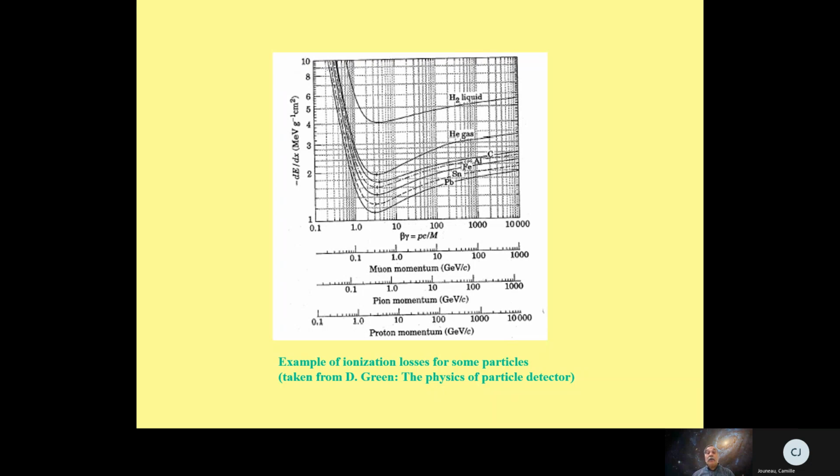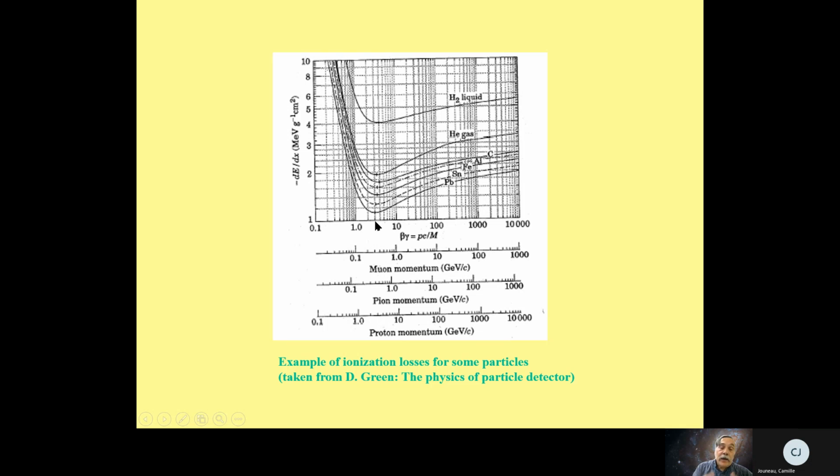For example, particles produced in the atmosphere by cosmic rays give a shower of minimum ionizing particles, mostly muons. These particles can be used for calibration of detectors, because they have the same ionization, and we know the value of this ionization for different materials, here for example from hydrogen, helium, up to lead.